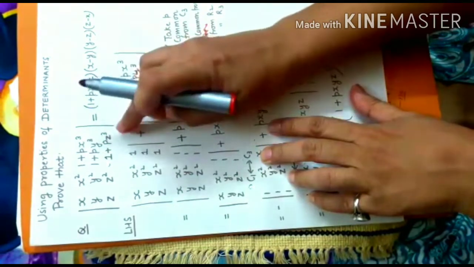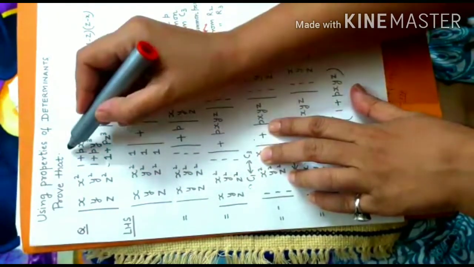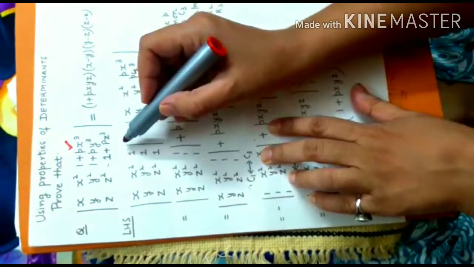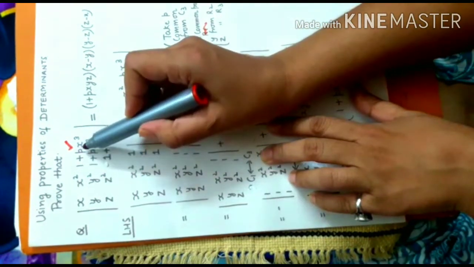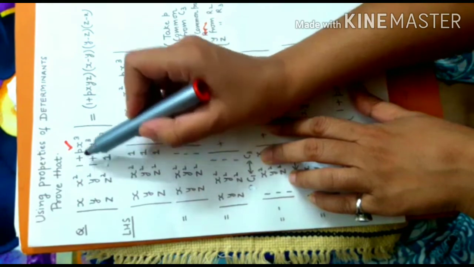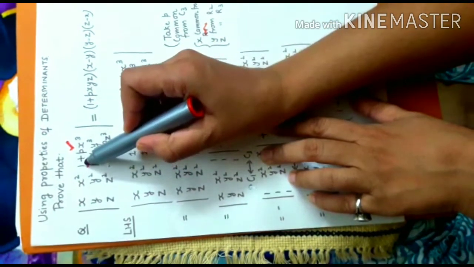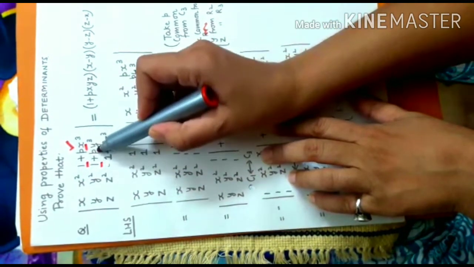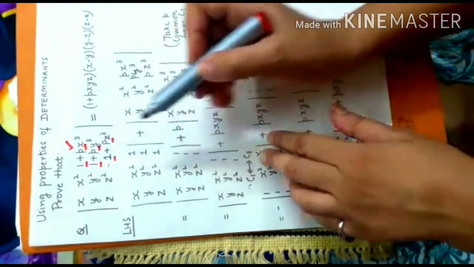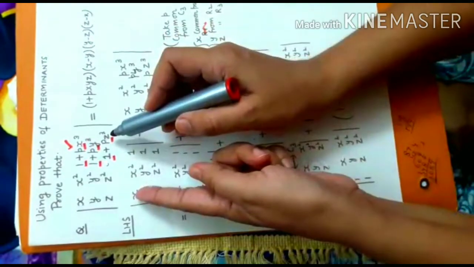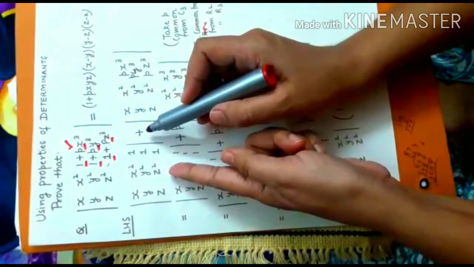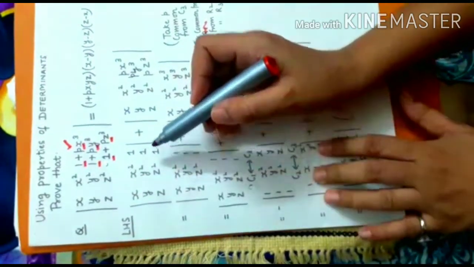In this determinant, you can see that in the third column, each element is expressed as the sum of two numbers. So using a property of the determinant, I can break this determinant as the sum of two determinants.